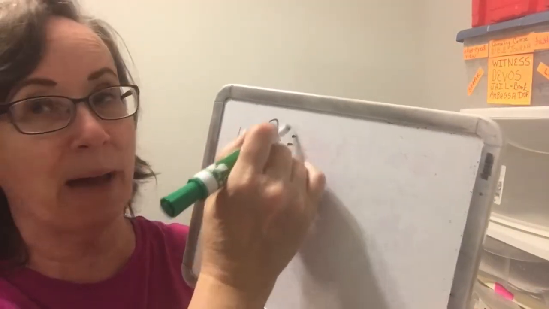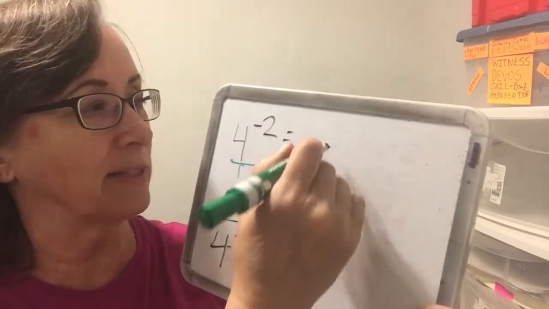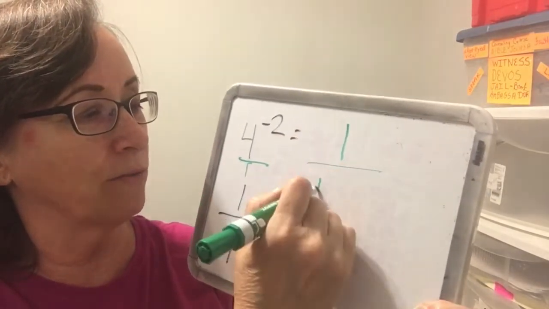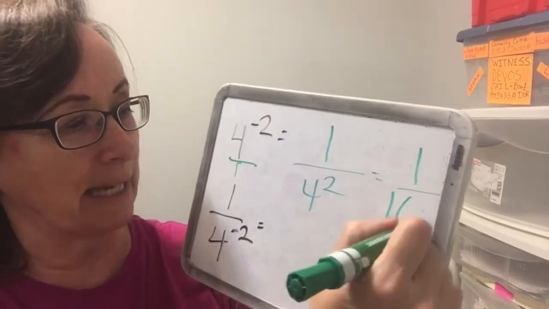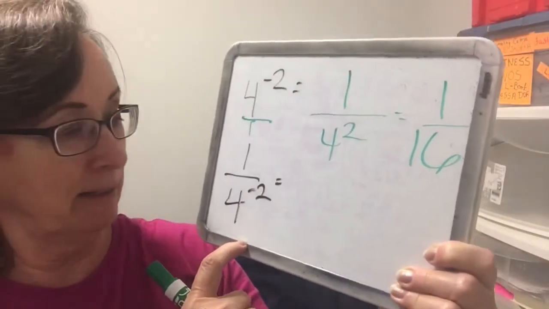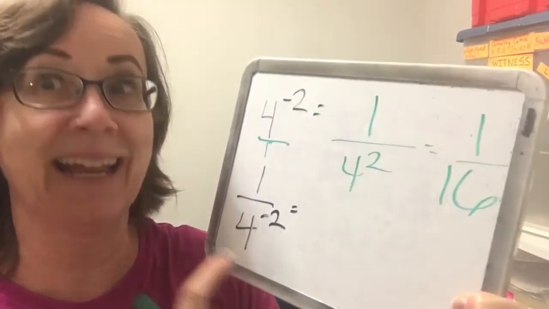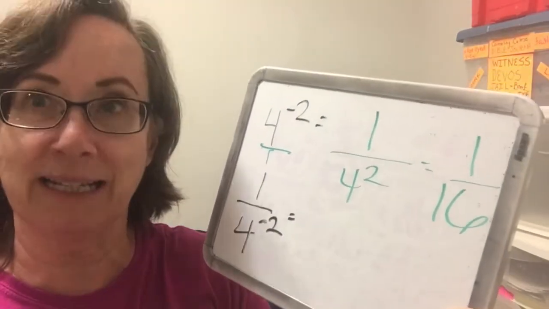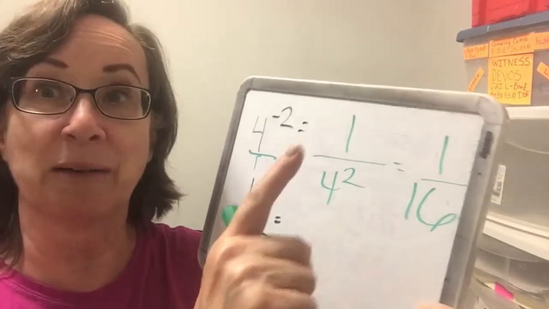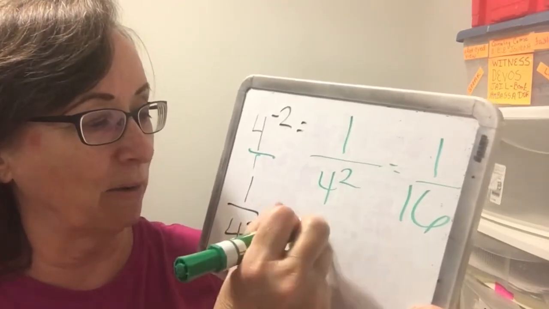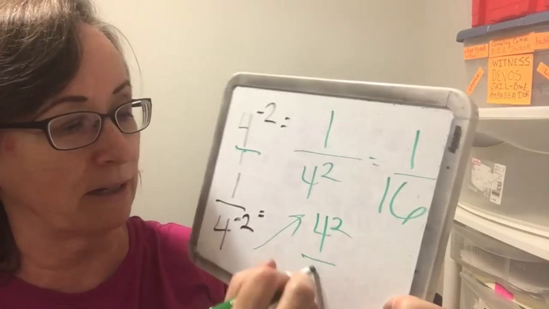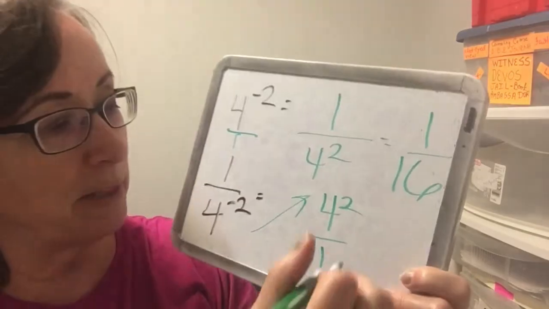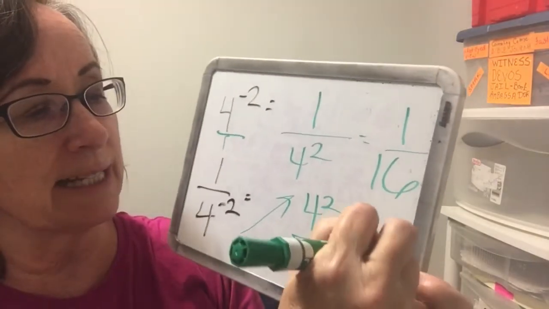It keeps the power, but no longer the negative sign. 1 over 4 squared is 1 over 16. Then this one has a negative exponent in the denominator, so it needs to take a trip upstairs. So it's going to go upstairs, but now it's going to be 4 squared upstairs, and a 1 will be in the denominator, and we'll just get 16.